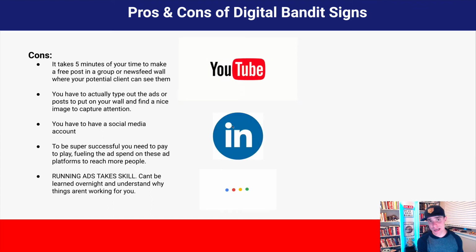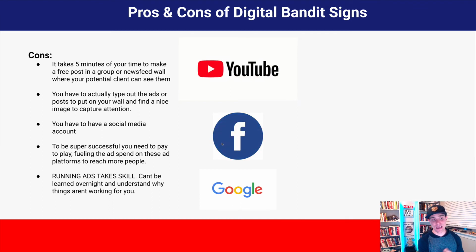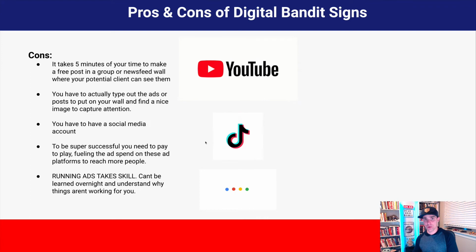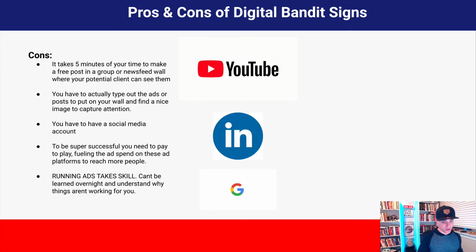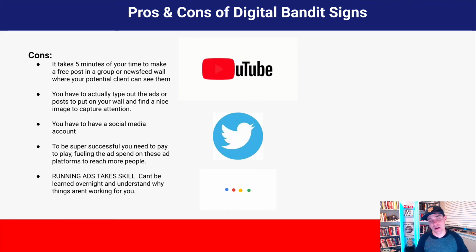Now, the con is that running ads does take skill and it can't be learned overnight. And you have to understand that this is the reason why you won't be able to understand why things aren't working for you, right? So a lot of people make this mistake where they take a little ad course or whatever and they run one ad, and it doesn't work. Or they run an ad and their ad account gets shut down, right?